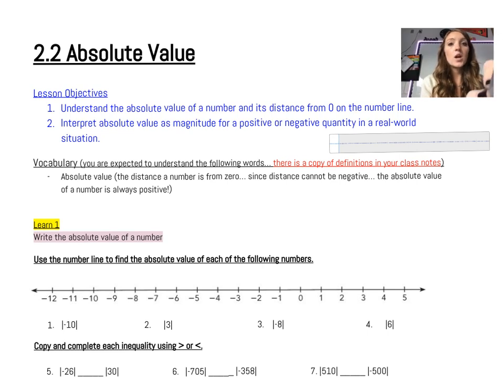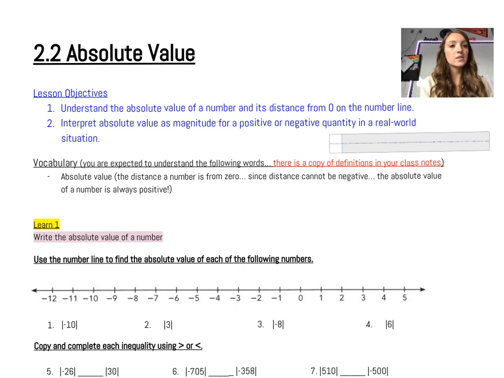Okay, so we have just one vocab word for this section, and that is absolute value. We know that absolute value is the distance a number is from 0, and because we're talking about distance, we know that distance cannot be negative. I can't say that I walked -2 feet.